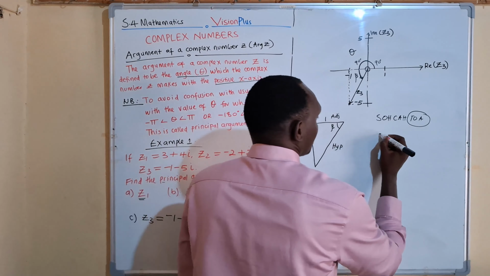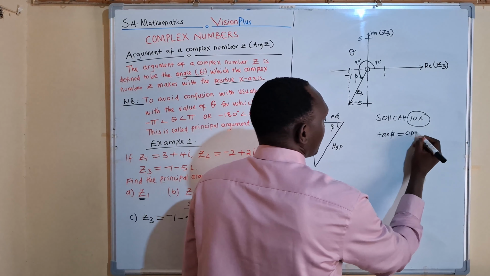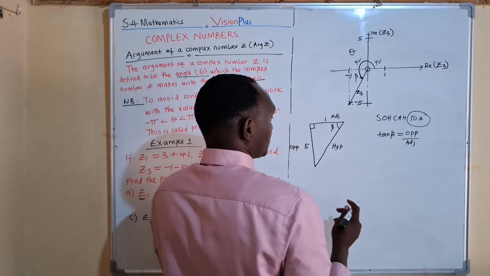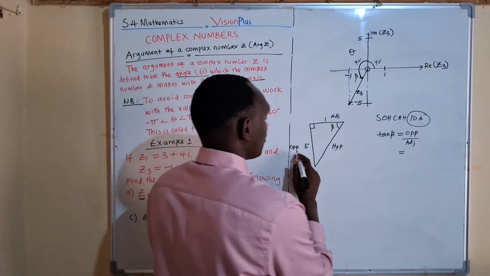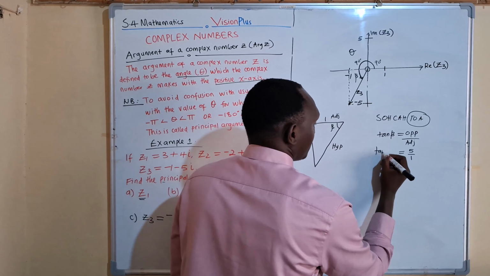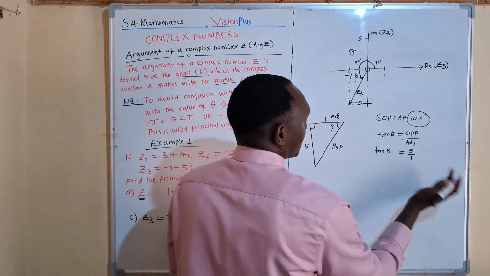Therefore, tan of beta is opposite out of adjacent. And then we substitute. What is the opposite? Opposite is 5 out of adjacent, which is 1. This is tan of beta. And then 5 divided by 1 is 5.